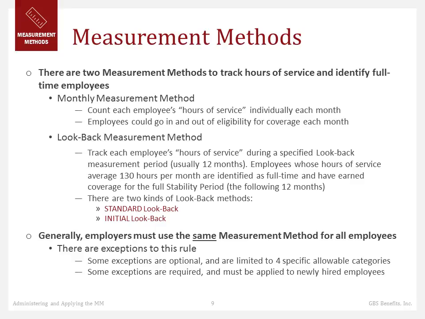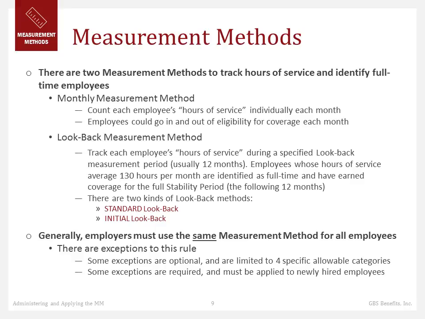With the look-back measurement method, just overall generally, you're going to be tracking an employee's hours of service during a specified look-back period, which is usually 12 months. And employees whose hours of service average over that 12 months at 130 hours per month, those are the ones who are identified as full-time and should be eligible for coverage and should get or be offered coverage for a full following 12 months, which is referred to as the stability period.